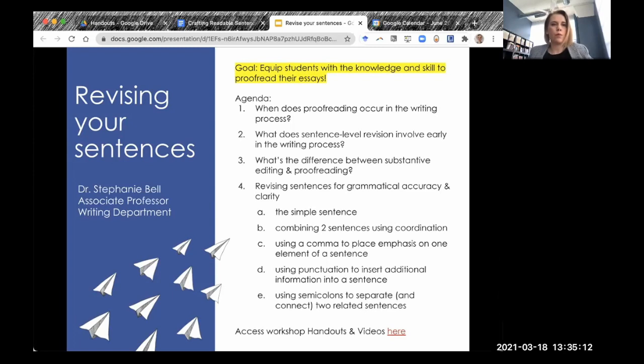So in this session, I am going to be teaching some grammatical rules for combining ideas in sentences. Mostly I'll be focusing on how to use commas. There is a lot that I could cover in this session.